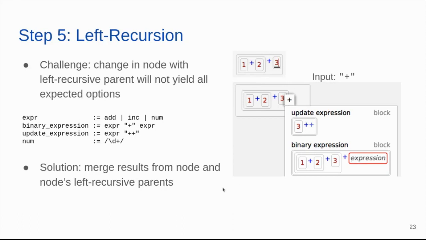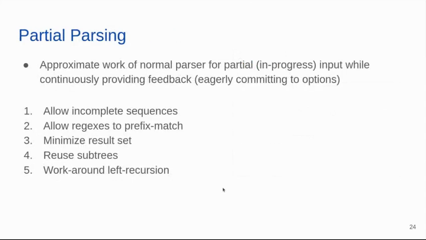All right. So with those pieces, we got what we are currently running under the name partial parser complete. And what it does is essentially approximating the work of a normal parser for partial or in-progress input, while continuously providing feedback by eagerly committing to options.